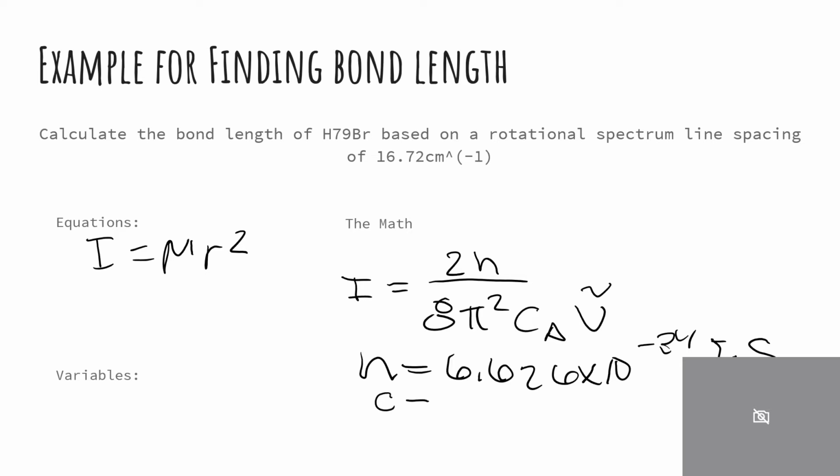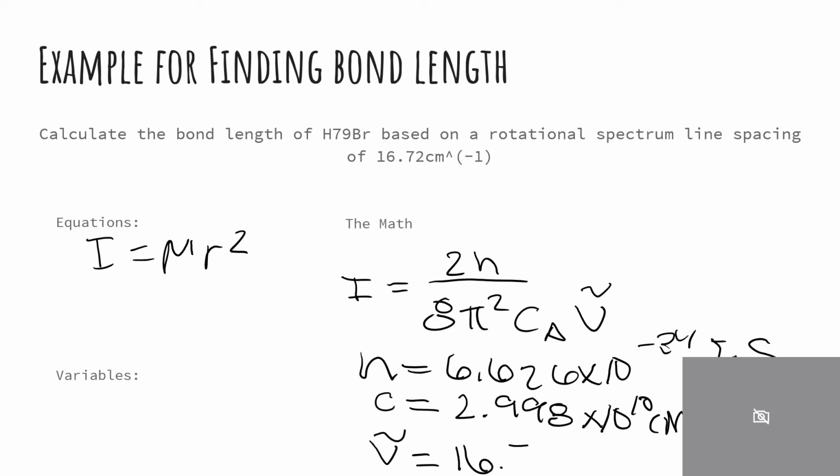And then c is the speed of light, which is 2.998 times 10 to the 10 centimeters per second. And this is equal to 16.72 centimeters inverse.